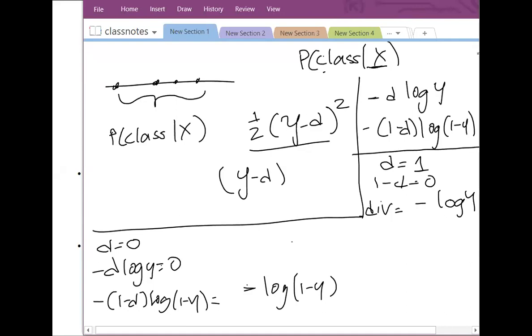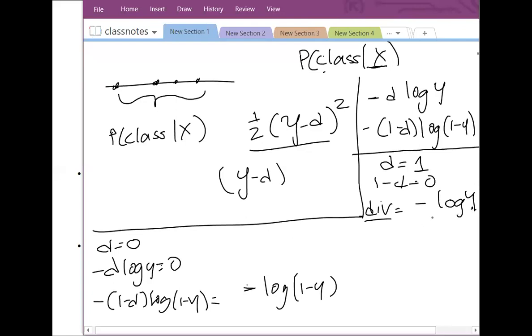Observe what happens. If your desired output is 1, then y must be 1, log y will be 0, and so the divergence is 0. If the desired output is 1 and you output a 0, then you're infinitely wrong. Log of 0 is minus infinity.